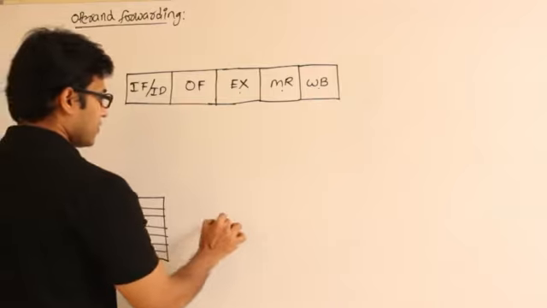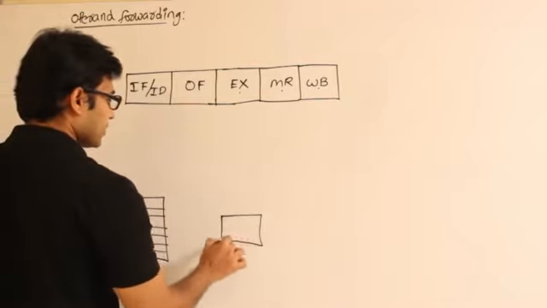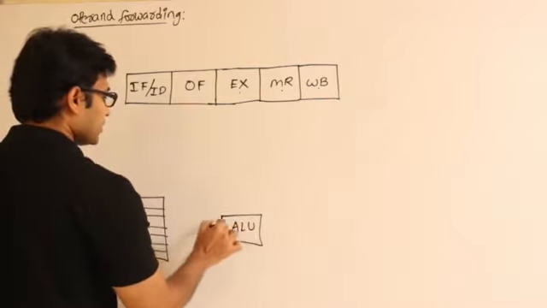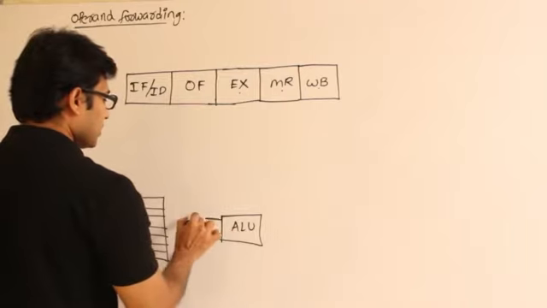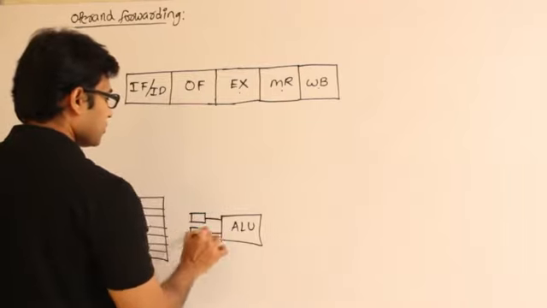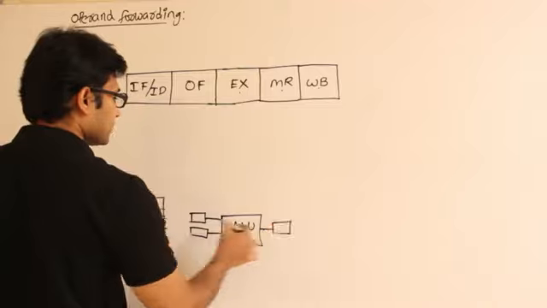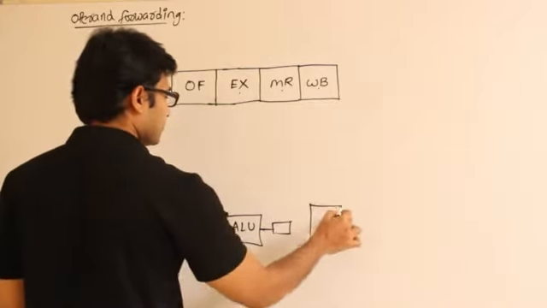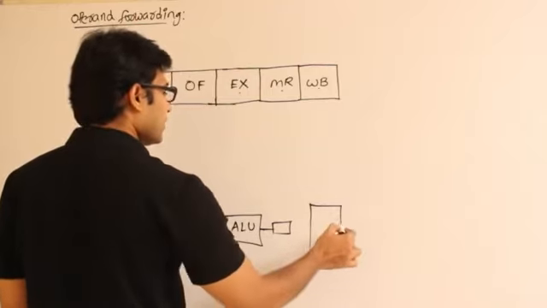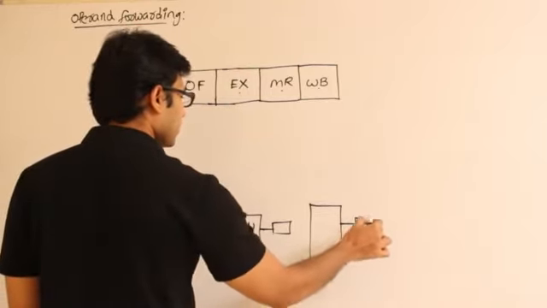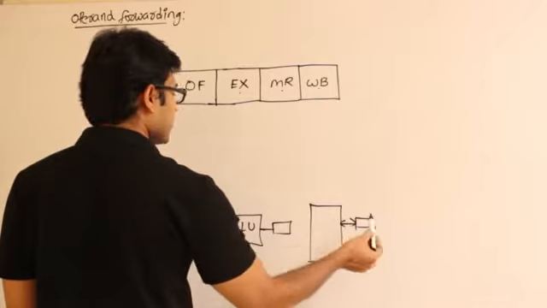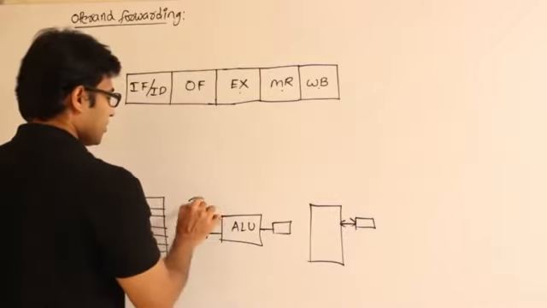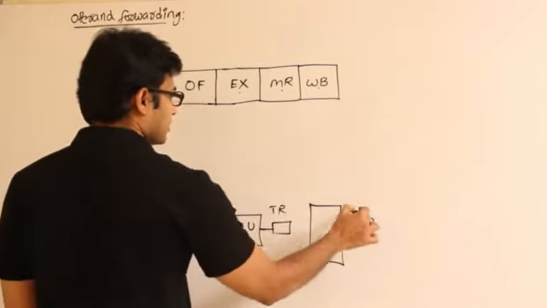Then we have one ALU, the arithmetic logic unit, and to this ALU there will be 2 inputs and 1 output. And then there will be one memory unit, and to read from or write into this memory unit, we will be using a temporary register. These two are temporary registers.